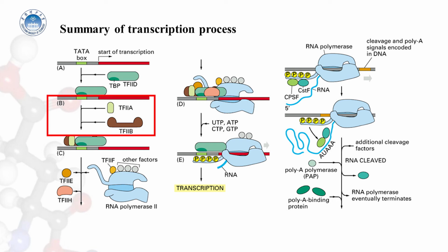After recruitment of the RNA polymerase, the transcription starts. RNA polymerase transcribes the DNA information to RNA until it recognizes the stop signal, the poly-A sequence.